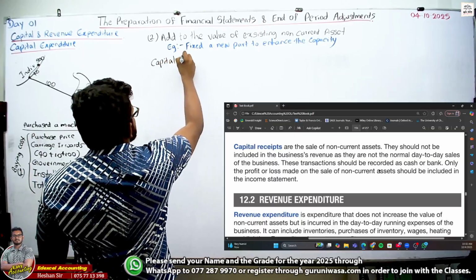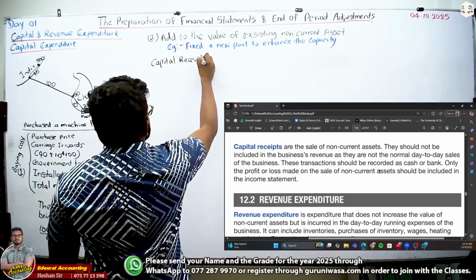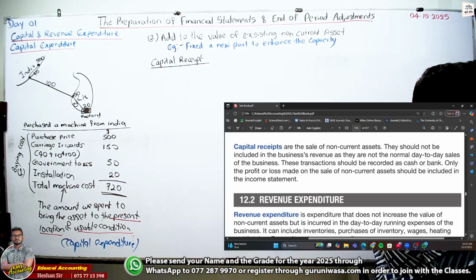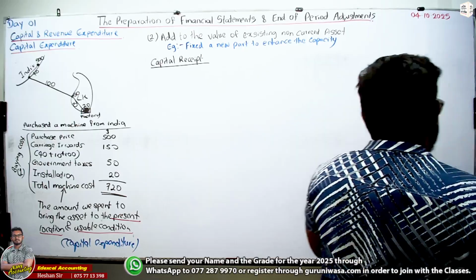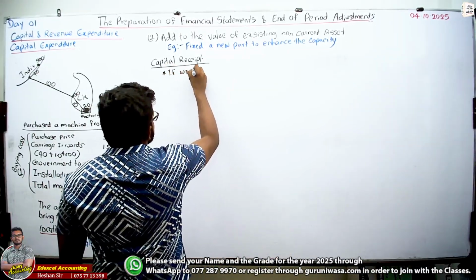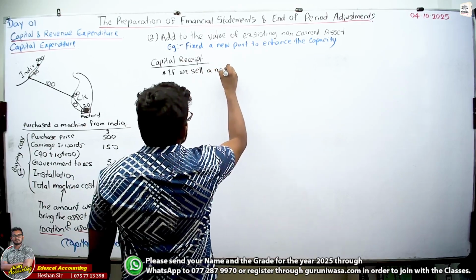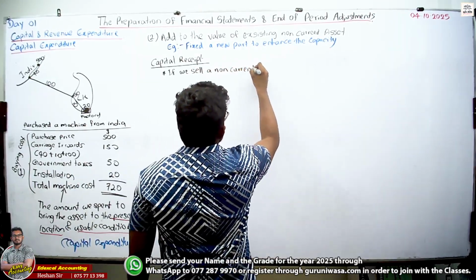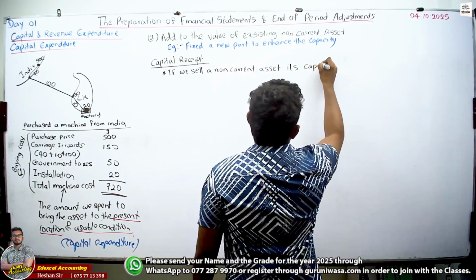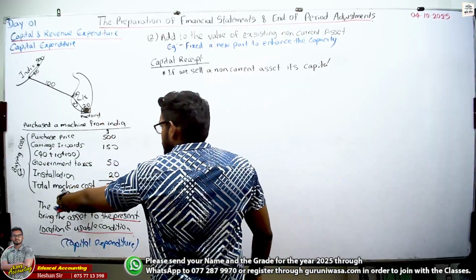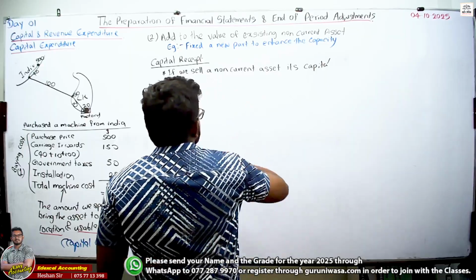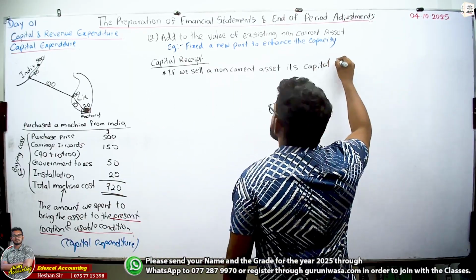Capital receipt means, if we sell a non-current asset, it's a capital receipt. Why? The machine price is a capital expense we spent. We sell it, it is a capital receipt.